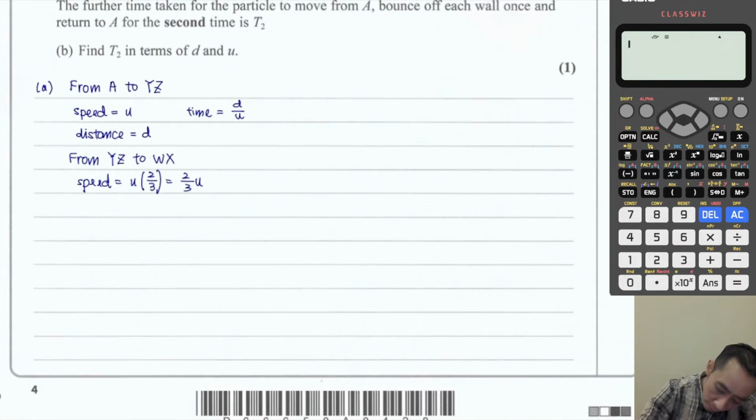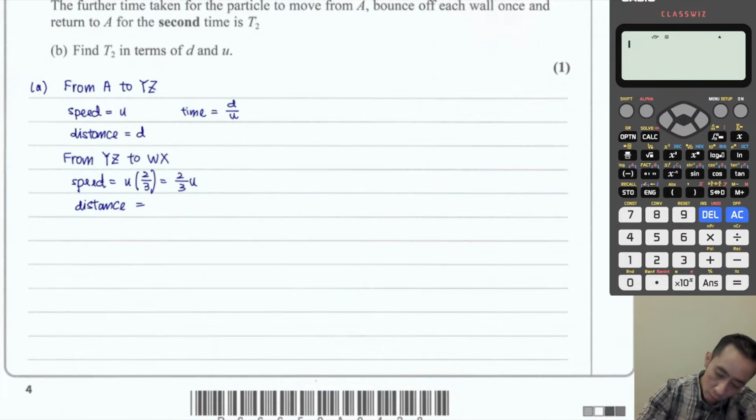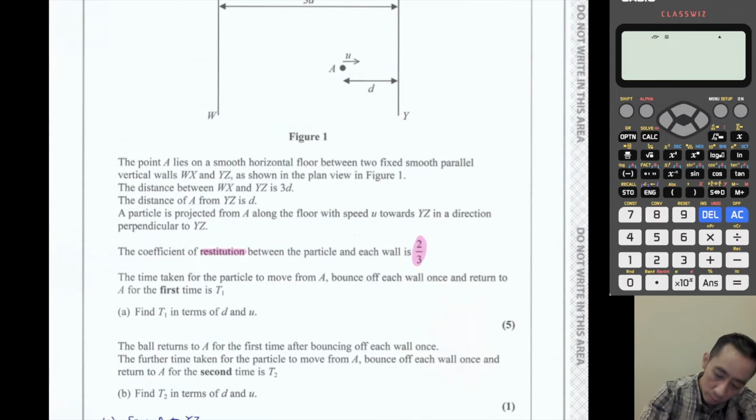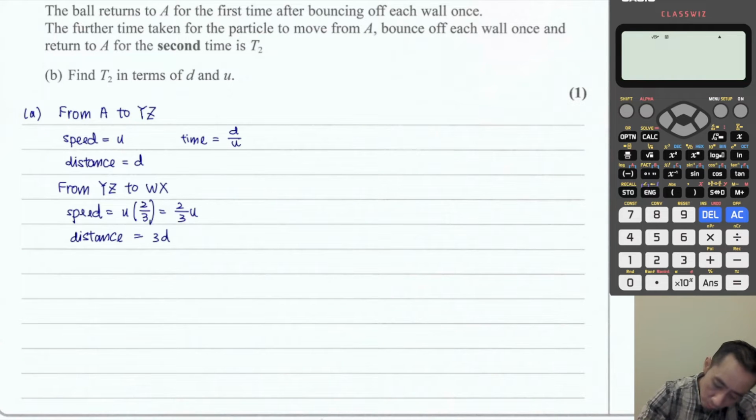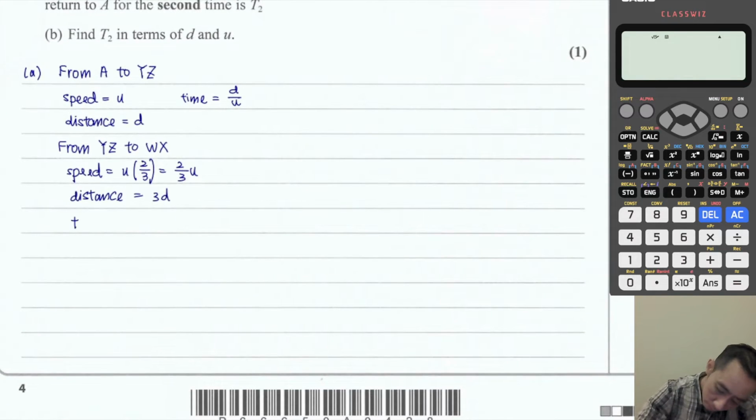Okay, then the distance from YZ to WX, from here to here, is 3D. So which means the time taken, I will use distance divided by the speed.